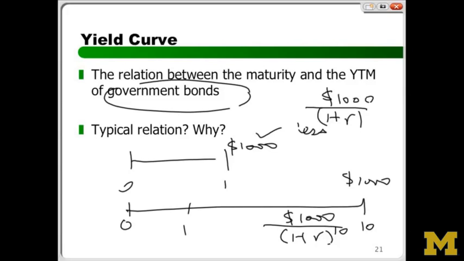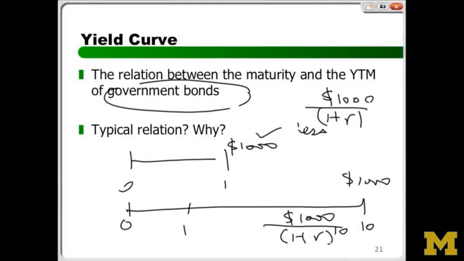Remember I told you R's job is to keep up with inflation. So the main reason is inflation, and there's a little bit of what we call real return built into it. So if the interest rate goes up per period, what happens to 1 plus R versus 1 plus R raised to power 10? 1 plus R raised to power 10 is going to be much larger than 1 plus R. So the price of a 10-year bond fluctuates much more than the price of a 1-year bond.